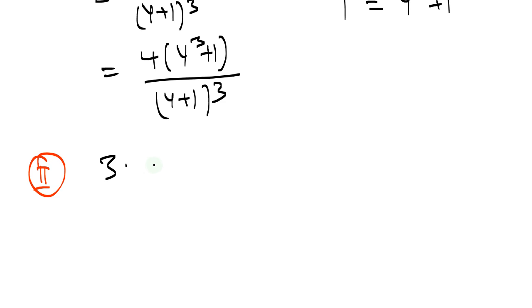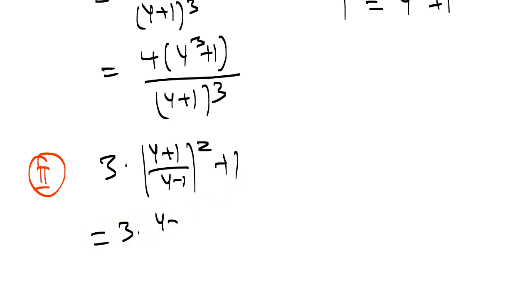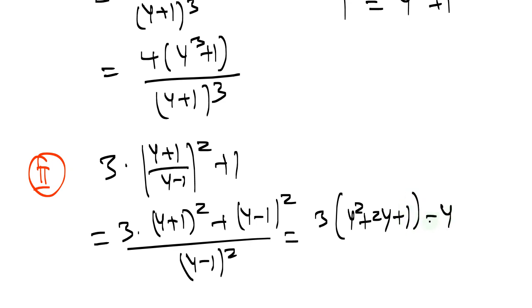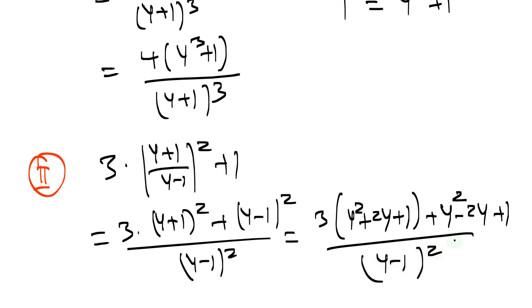So this is 3 times (y plus 1) over (y minus 1) squared, and then plus 1. So this is 3 times (y plus 1) squared, and then plus (y minus 1) squared, all divided by (y minus 1) to the power of 2, right? So this is then 3, which multiplies y squared plus 2y plus 1, and then plus y squared minus 2y plus 1, and then this divided by (y minus 1) to the power of 2.